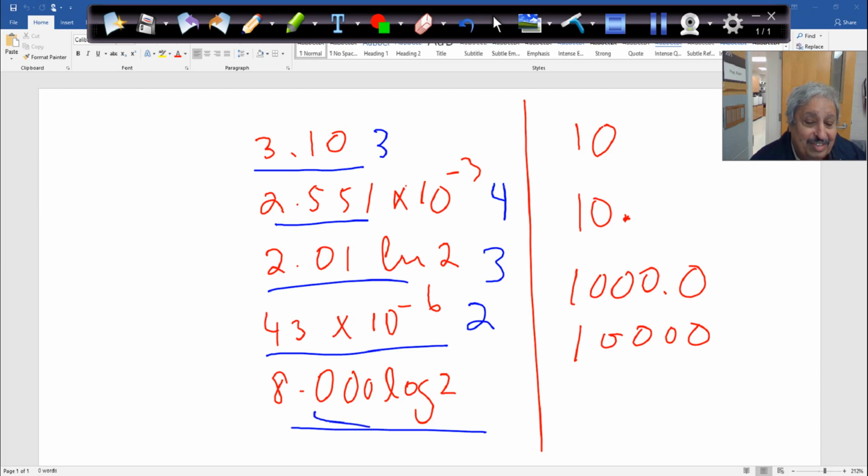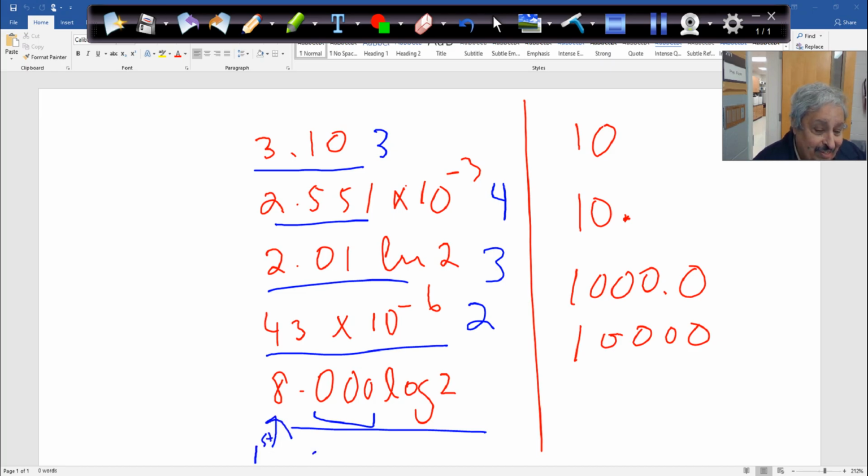Are they significant, all of them, or not? If they are significant, it's 4. If they are not significant, then it's 1. If you feel that they are significant, what conditions are making them significant? Yes, they come after a whole number, and that's the first condition.